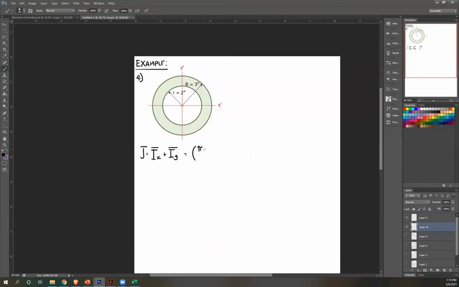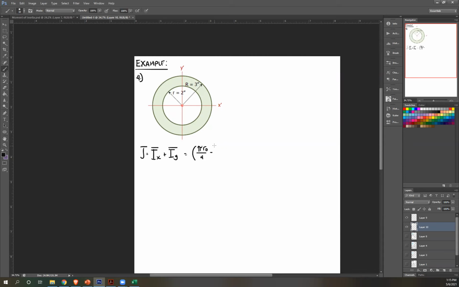Now, again, we have two shapes here. One is an empty space. If you have an empty space, you're just going to subtract. So the equation becomes for Ix, pi r to the 4th over 4, and let's specify that's your outside radius for the total, larger circle.